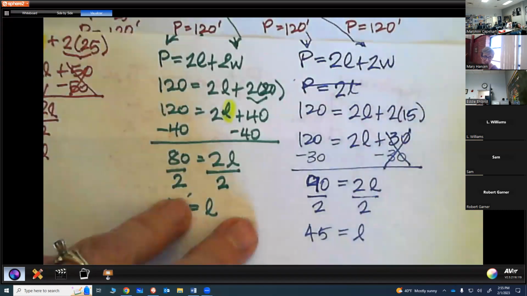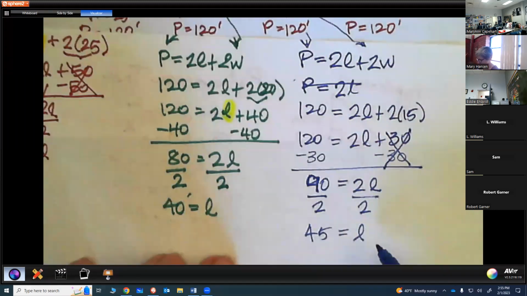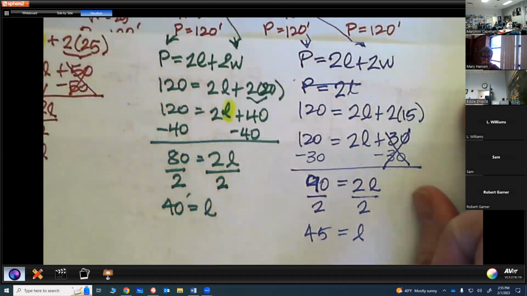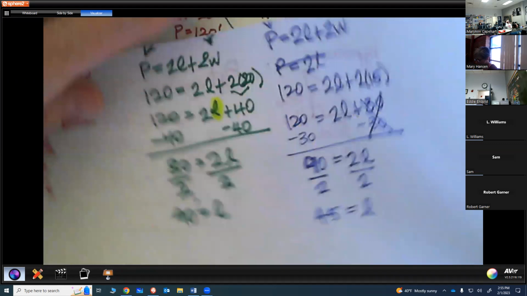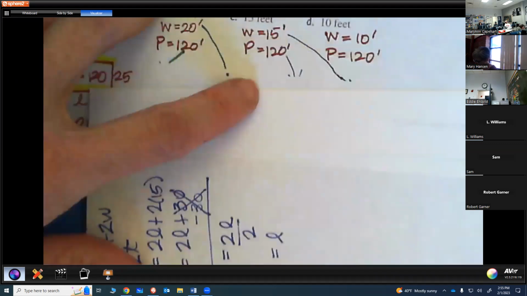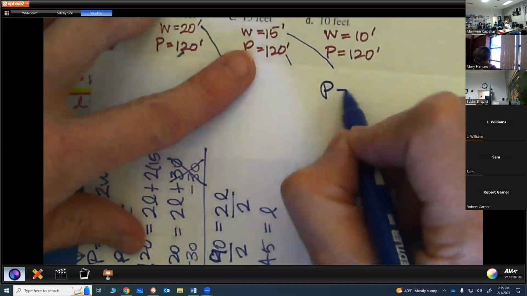All right. So we get 45 for this one. Questions on C? Okay, I'm going to turn my paper here to do D. So I start out with the same formula.